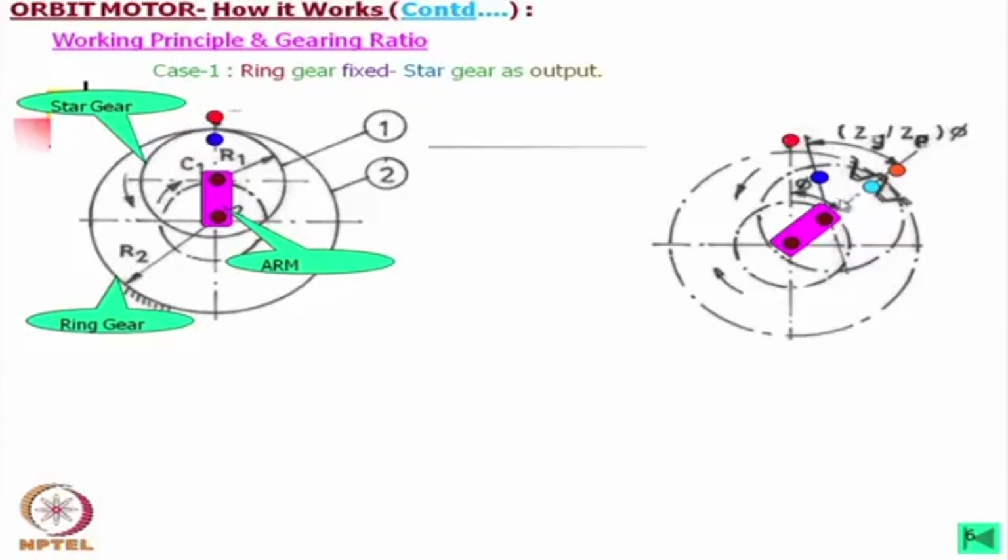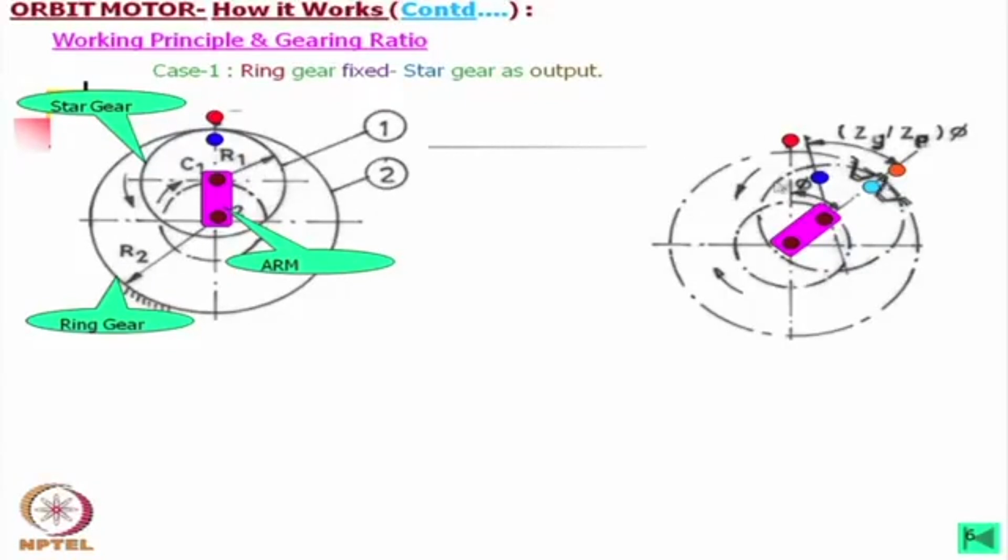This means that this gear is again rotating in the opposite, anti-clockwise direction by the same angle. The inner one has to rotate by this much angle. What is that? This is Zg by Zp, which is equivalent to their radii R2 and R1. We can put R2 equal to Rg and R1 equal to Rp. So that ratio is this one.